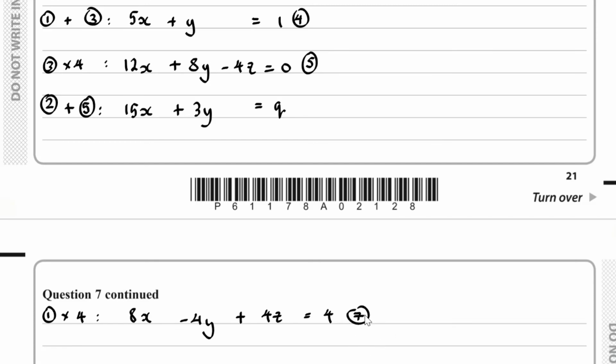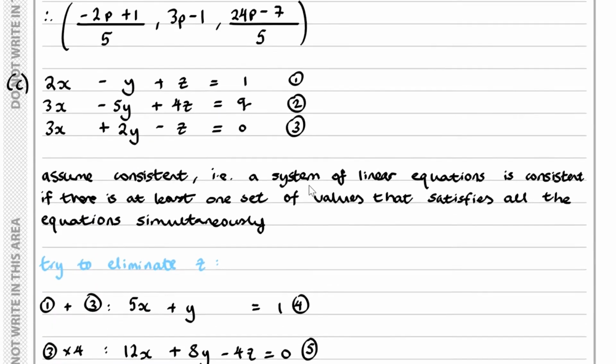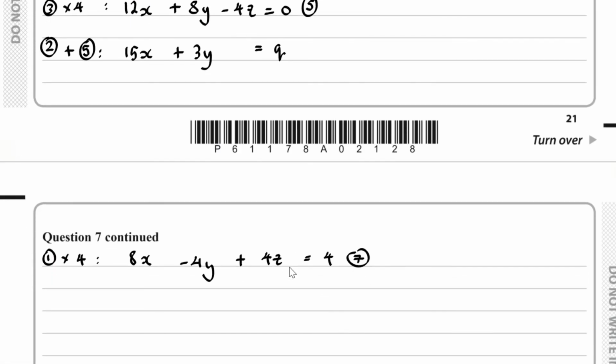And if we subtract equation 2 from 7, that will also eliminate z. So 7 take away 2, we have 5x plus y equals 4 minus q. Okay, so we'll call this equation 8.